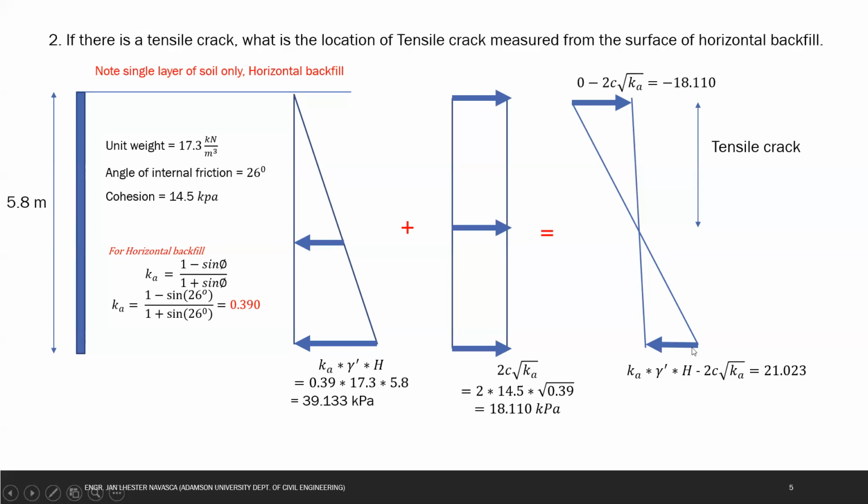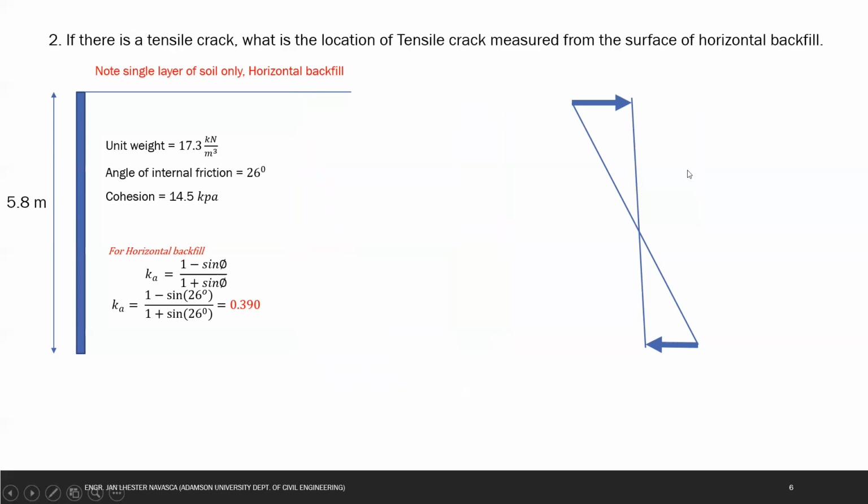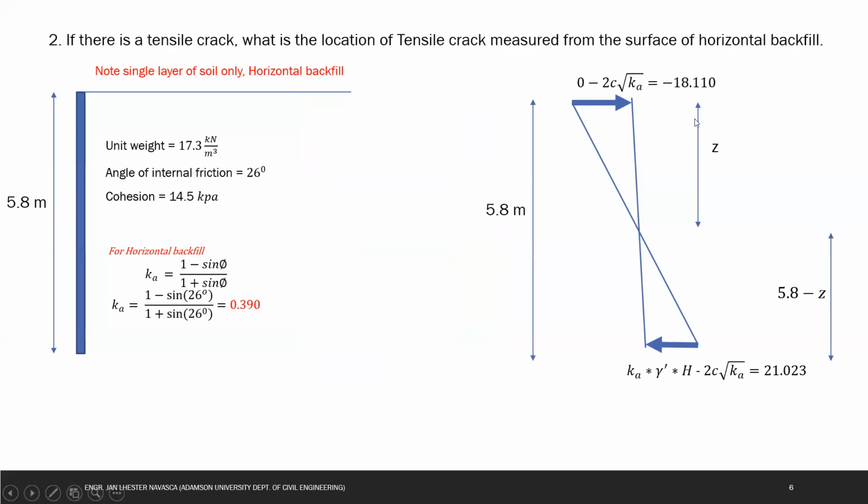Then solving for the pressure at the bottom, just subtract these two, you have this 21.023. So how to solve for this length of tensile cracking? Okay, so consolidating our values, you have negative 18.11 at the top and 21.023 at the bottom.